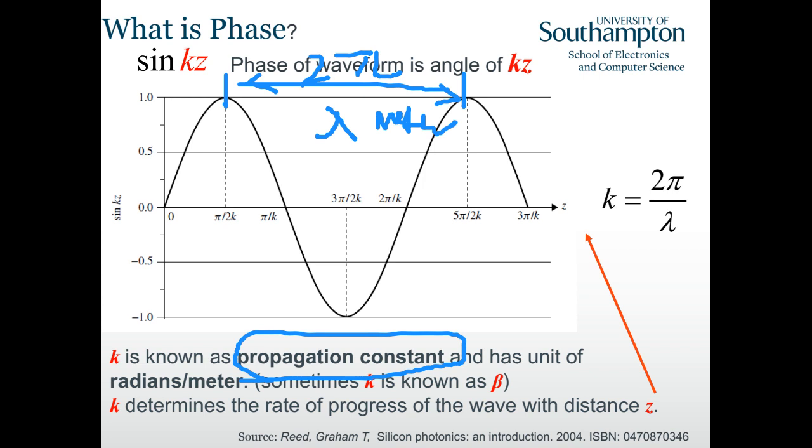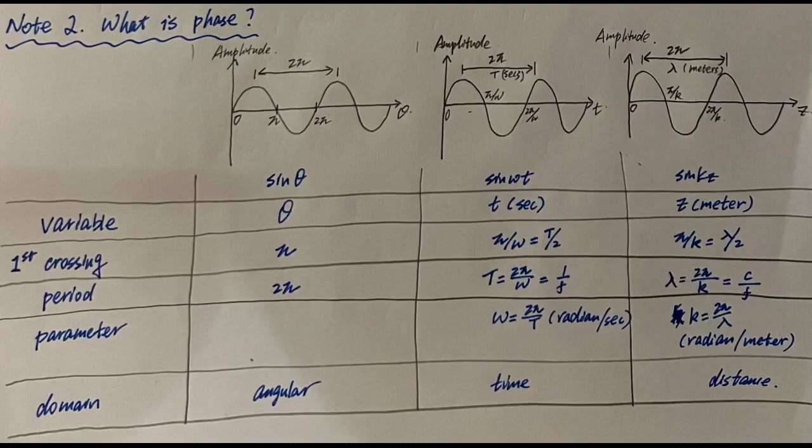So let's have a brief summary here to enhance our understanding. I have written this on the whiteboard. You can see that first of all, the topic here is what is phase. The first simple example is a simple sine function. Phase characterizes how a periodic function propagates as a wave.